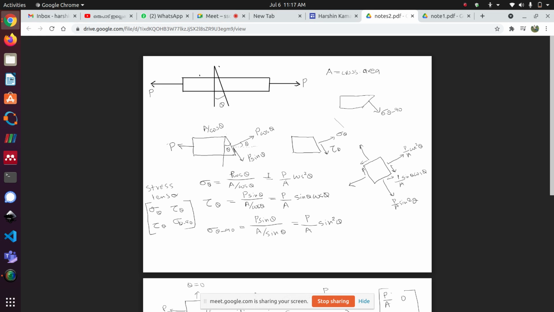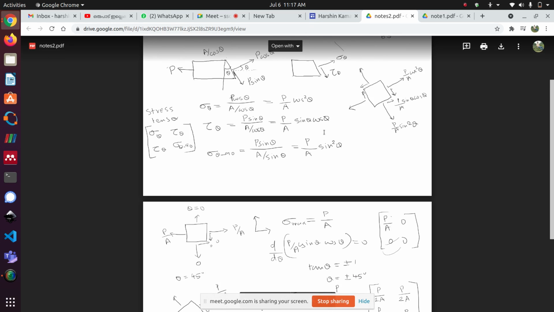So here we would like to know, depending on the coordinate we take, how the stress tensor changes. So we had taken a plane which makes theta degree with the vertical, and we found out the normal stress and shear stress in those planes.